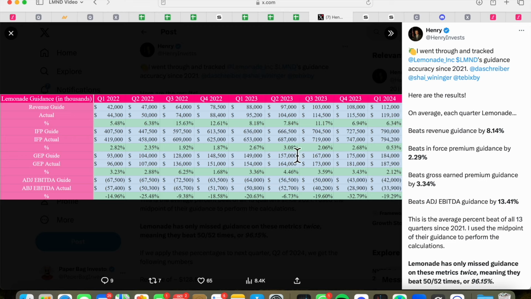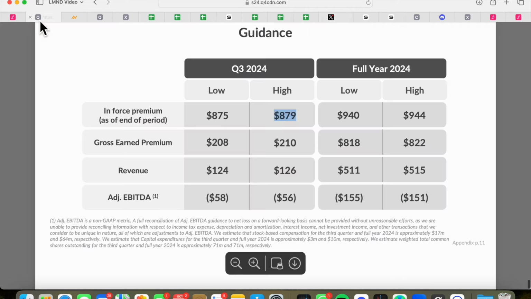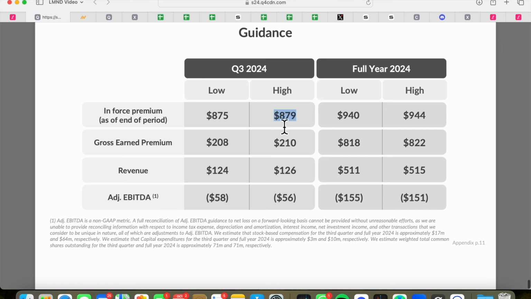You can see in-force premium guide and in-force premium actual. Looking back to Q1 2022, they've always beaten guidance, often by a couple percentage points. Back to this tab, I'm going to guess it's 880 million plus in terms of in-force premium.